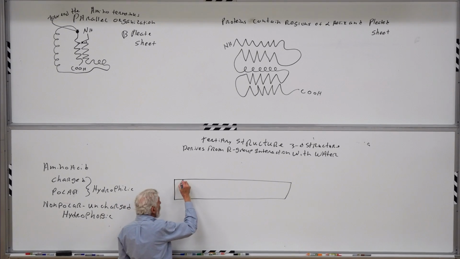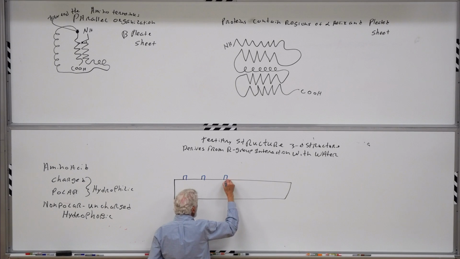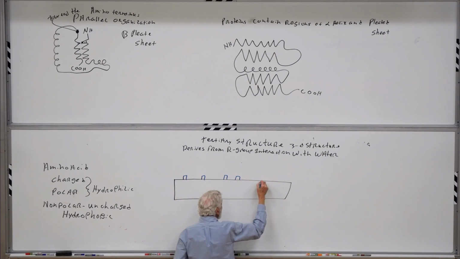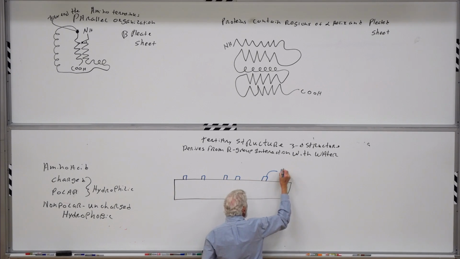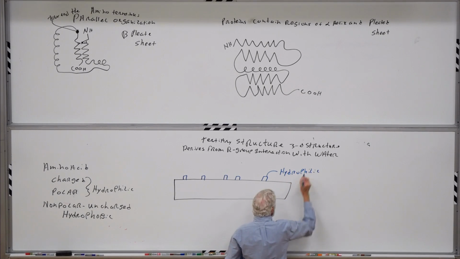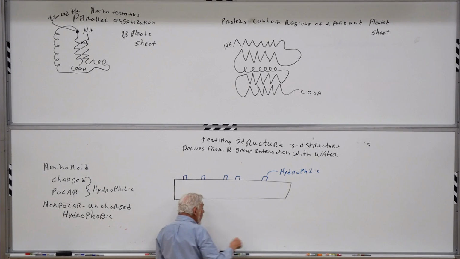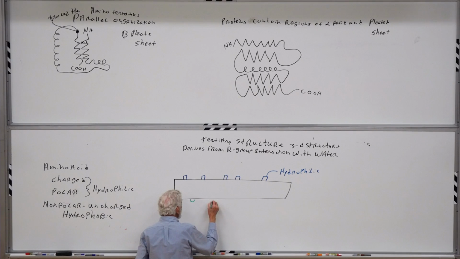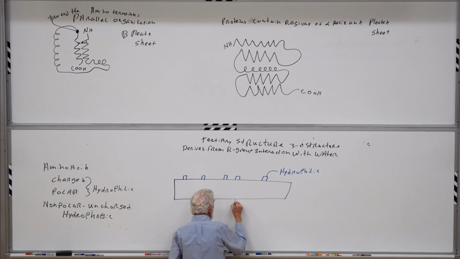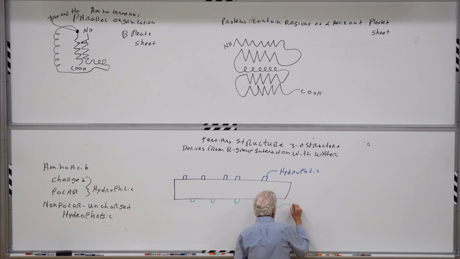Some of those R groups, and I'll show you these in blue, some of those R groups are hydrophilic. That is, they could be either charged or polar. Whereas others of the R groups, these R groups are intended to be hydrophobic.